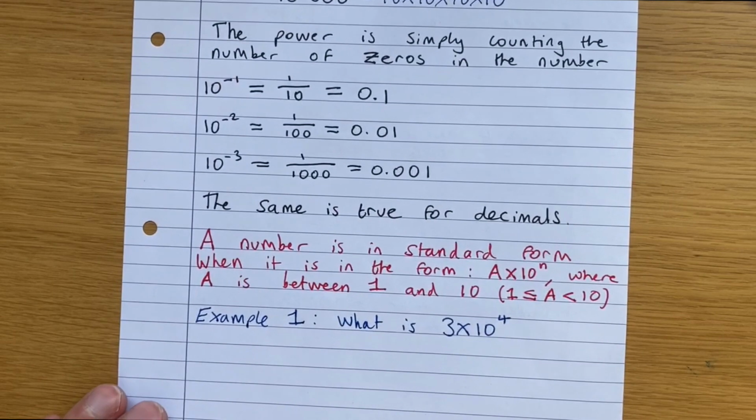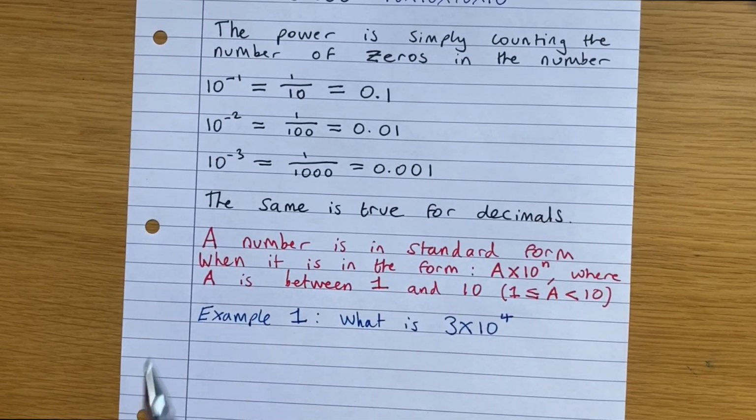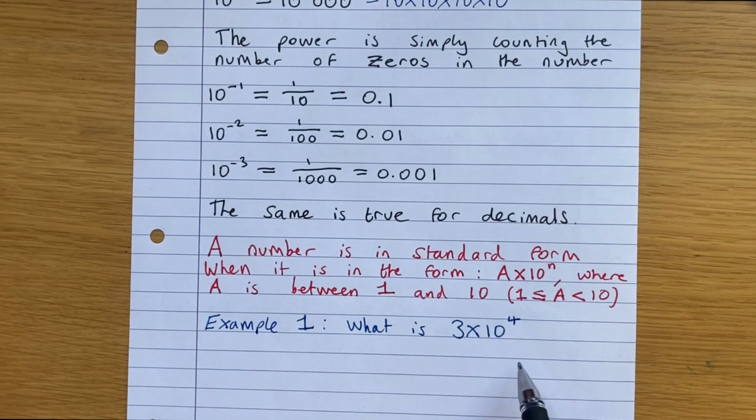So, standard form. We say that a number is in standard form when it is in the form a times 10 to the power of n, where a is a number between 1 and 10. So, let's do an example. What is the value of 3 times 10 to the 4? The first thing to note is that this number is in standard form, because it's in the form a times 10 to the n, and a, which is 3 in this case, is a number between 1 and 10.